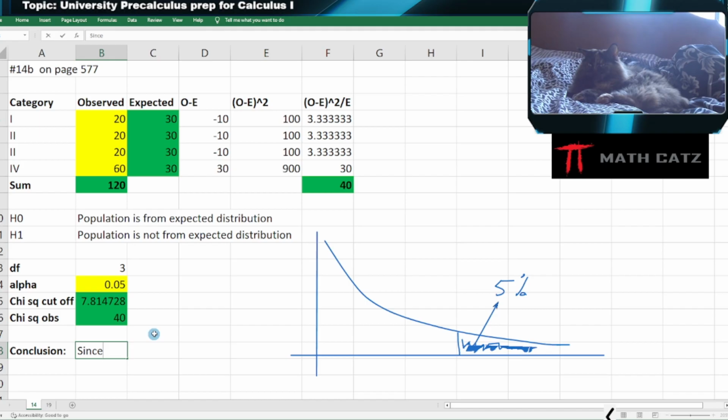Since, let's say, chi-squared observed is greater than chi-squared cutoff, we reject the null hypothesis in favor of the research hypothesis.